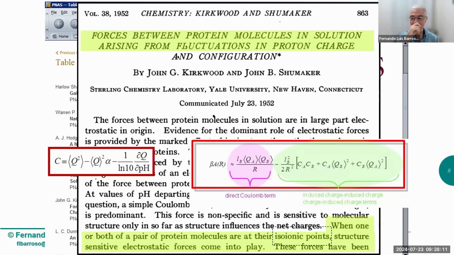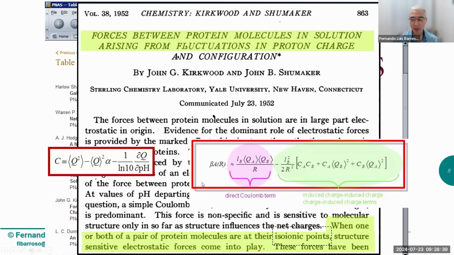Come on, how on earth can 2 molecules that carry the same net charge form a complex? They demonstrated that this is due to this term here that's related to what we call charge fluctuation. So the molecules have a property that in the presence of other charged objects, their chemical equilibrium for the acid and base is going to be shifted, and this gives rise to an attraction.